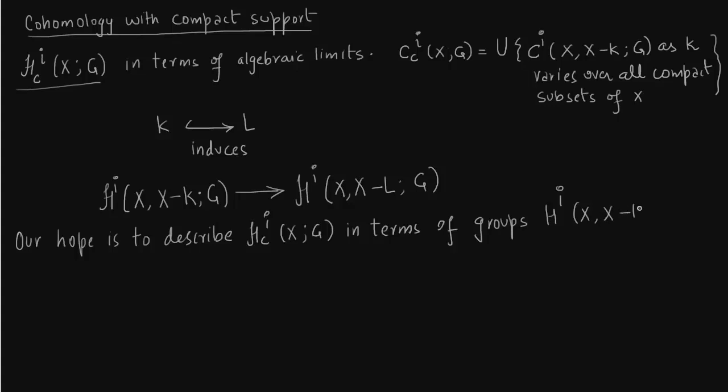So basically it should consist of those elements of cochain which are not co-boundaries, and essentially all these elements come from the cochain complex. So as you vary k, they vanish outside k. So their support is just the compact set k, and outside k they just become 0. So in order to do so, we need algebraic limits. So these algebraic limits are nothing but direct limits.